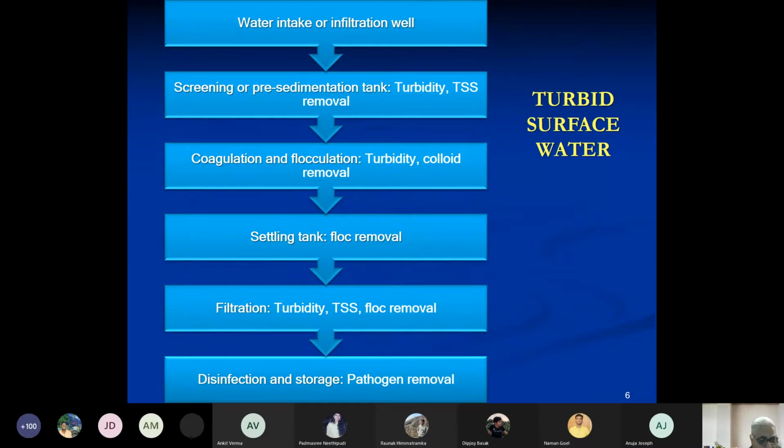So that can be 24 hours, that can be 48 hours. It should not be too long, but that residual should last for at least that period of time. And the main point here is to prevent pathogens from growing in the storage tank or in the distribution network, and to remove them if possible.